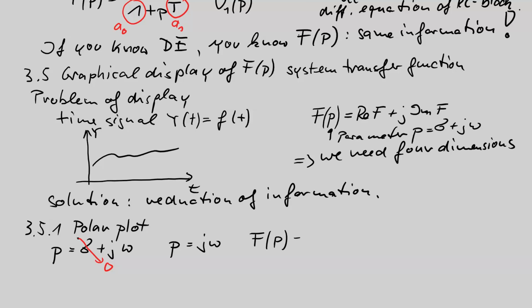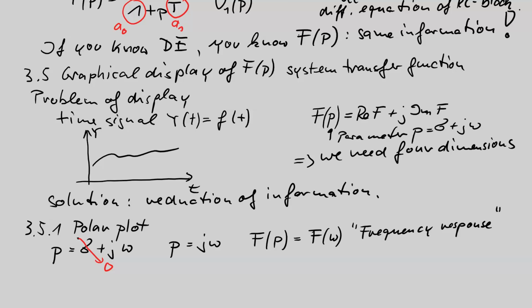F of p then will be F of omega and is a reduced information, and there's a new name, that is the frequency response of a system.